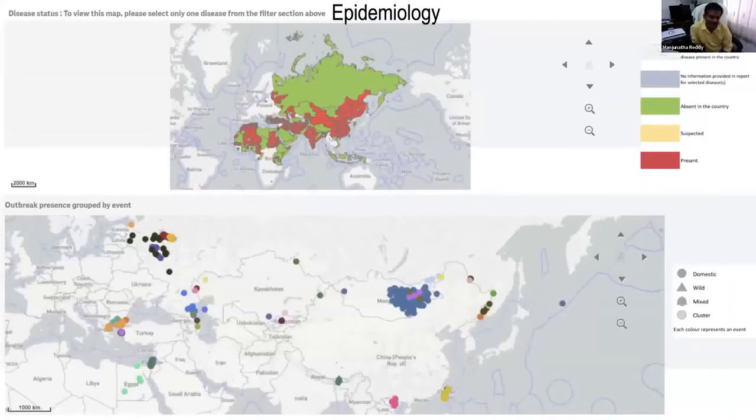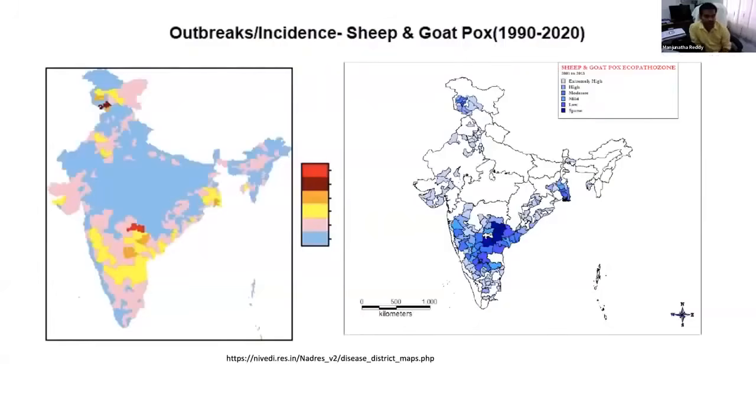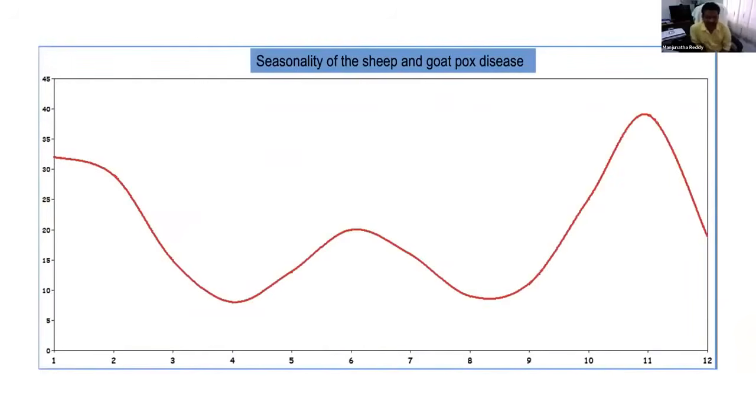Almost all Asian countries, including India, have the highest burden of the disease. The outbreak density on this side is in the eco-climatic zones. The disease is more prevalent in the southern part of India and in Jammu and Kashmir. Like other diseases, it exhibits some seasonality. Rain followed by summer is the main period.